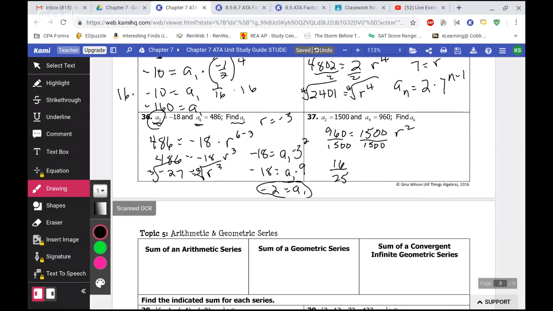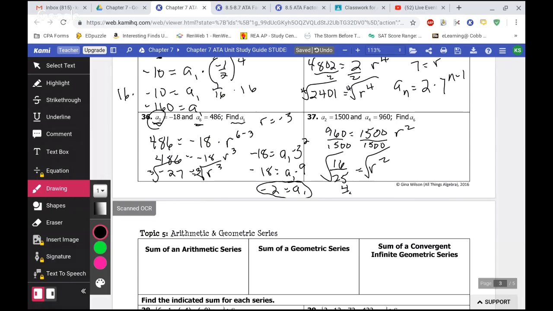Could you do it in decimal form? I don't know. What does the square root of that turn out to be? It'd be 0.64, and then the square root would be 0.8. Okay, cool. That works for me. I'm glad that you did that.